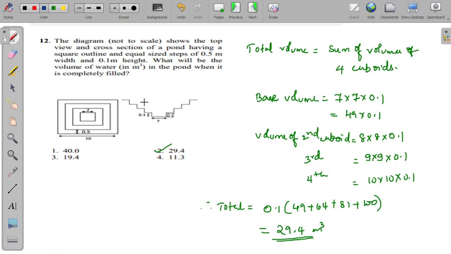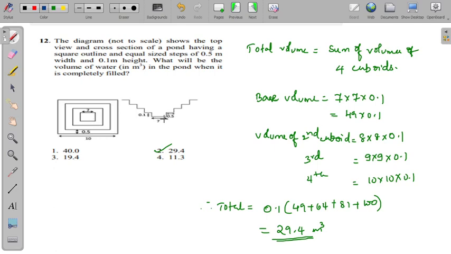This is the top view and this is the cross sectional view. So first square, second square, third square with some steps. That is how you have to imagine the pond. First square is of dimension 7, next is of dimension 8, next is of dimension 9, last is of dimension 10. So that is how the pond is, and the height of each step they have given as 0.5 meter.